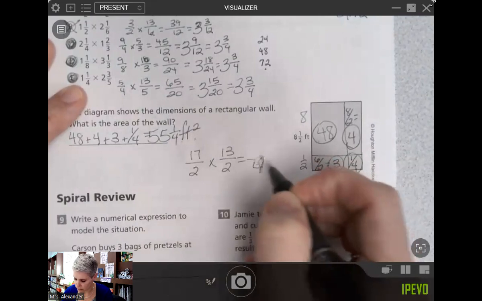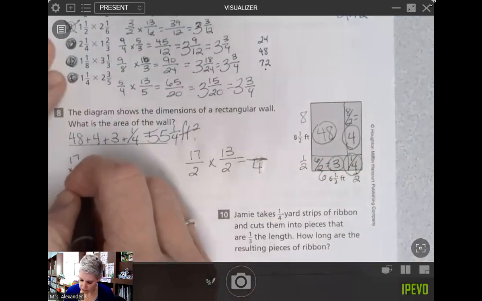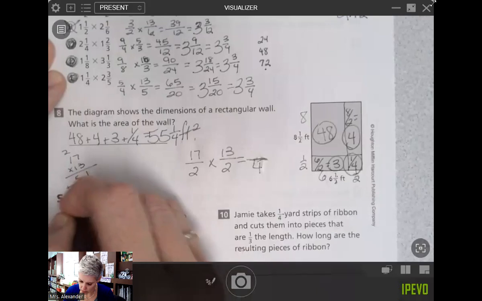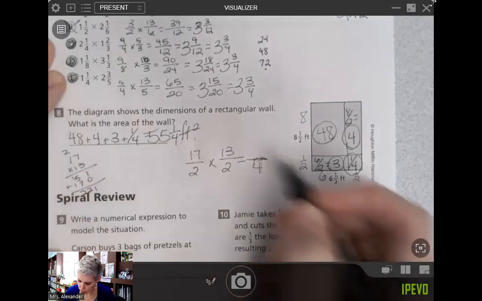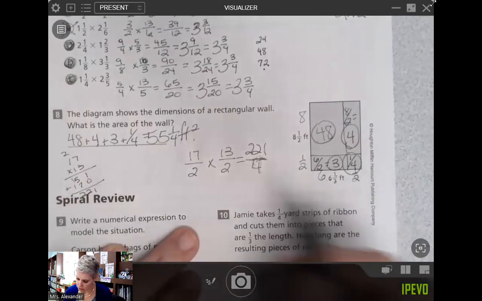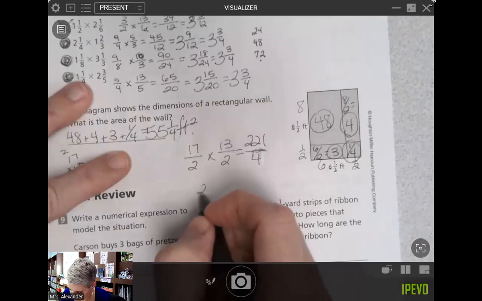I got the easy one. 2 times 2 is 4. 17 times 13. 5, 7, 1. 1, 2, 221 fourths.